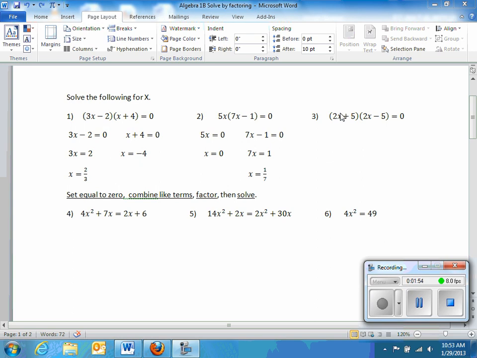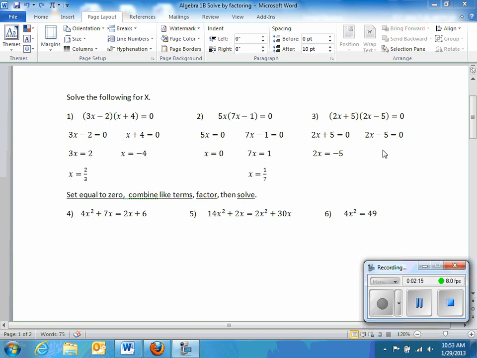All right, when is this equation true? Well, this equation will be true if 2x plus 5 equals 0, or when 2x minus 5 equals 0. Over here we'll have to move the 5 over to the right. It'll become negative 5. Over here, we'll have to move the negative 5 to the right.